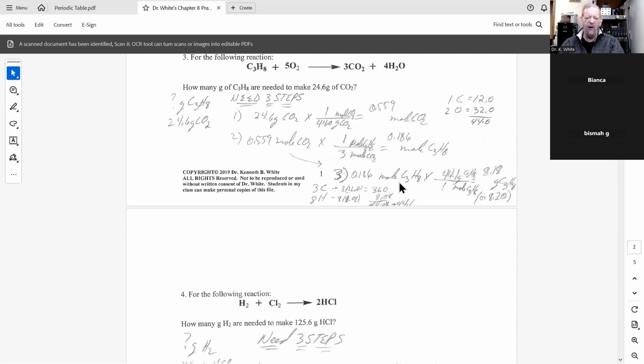We'll start with moles of C3H8. We want to go in one step with some ratio to grams of C3H8. Whatever we're trying to get to goes on top of the ratio. Whatever we're trying to get rid of goes underneath.